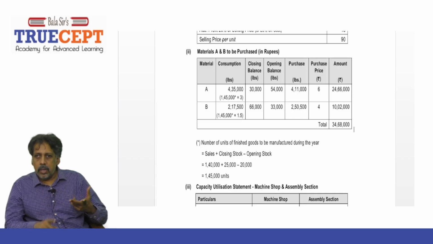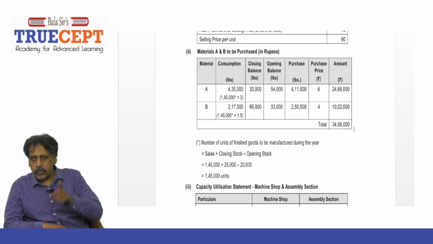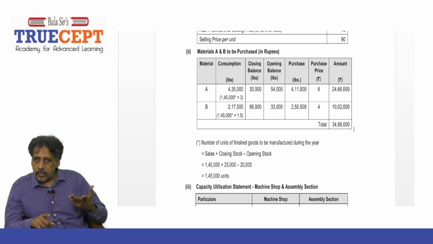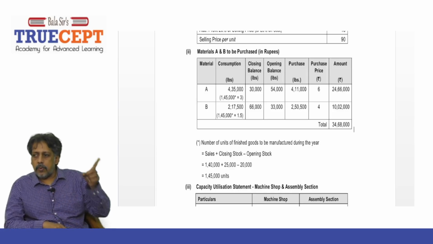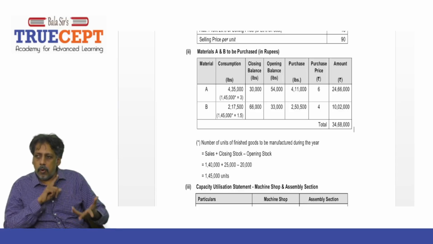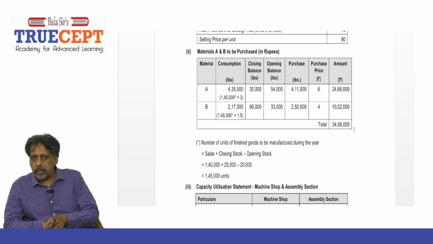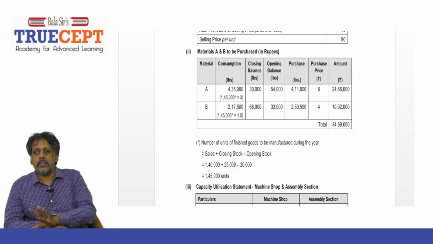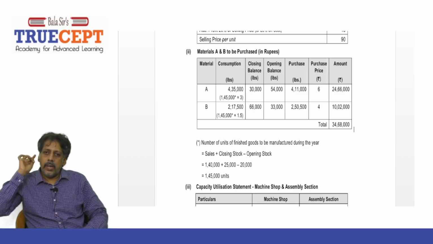Closing balance is given as 30,000 pounds, opening balance given as 54,000 pounds. So 4,35,000 plus 30,000 minus 54,000 will give you 4,11,000 pounds. The purchase price is rupees 6 per pound. So 4,11,000 into 6 will give you 24 lakh. That is the purchase in value for material A.